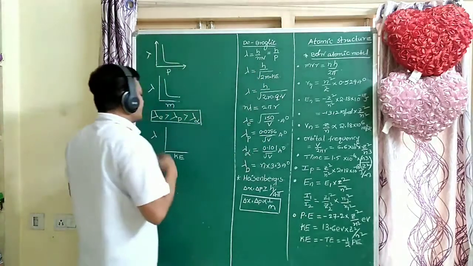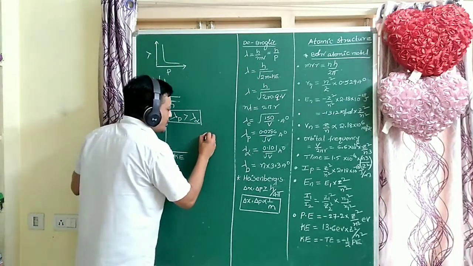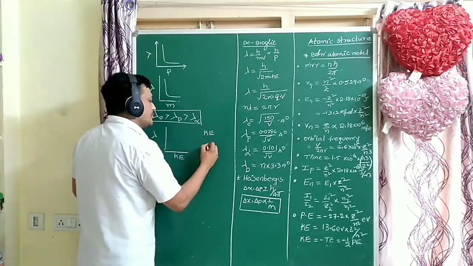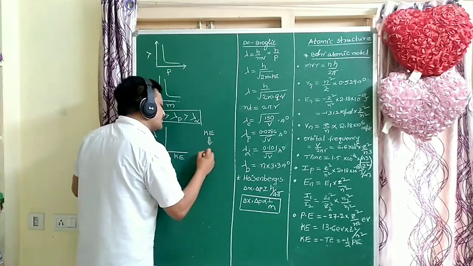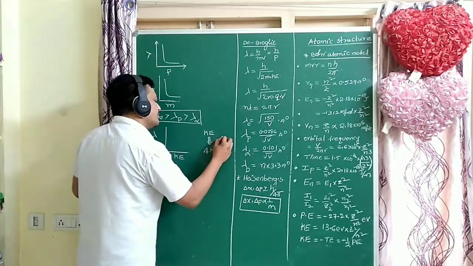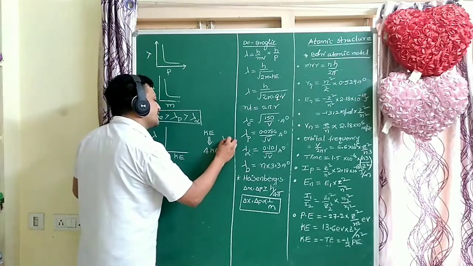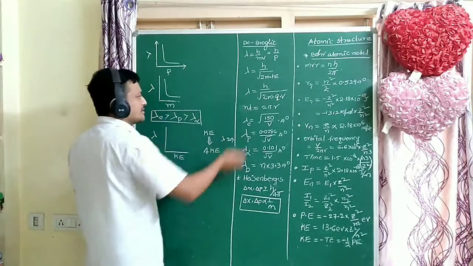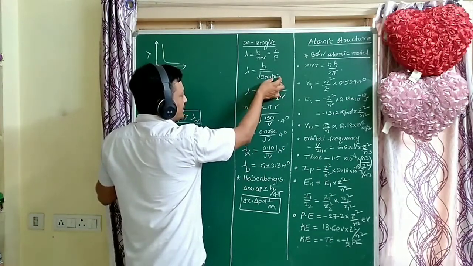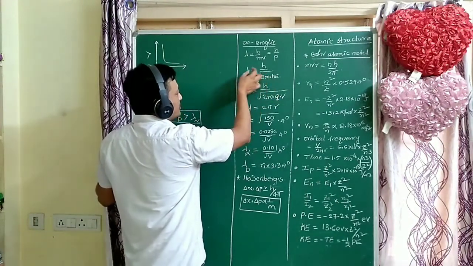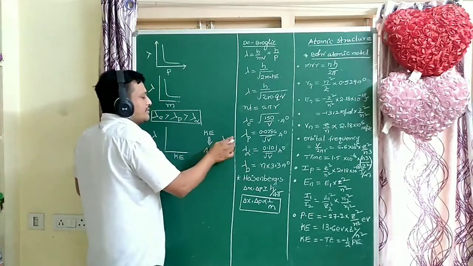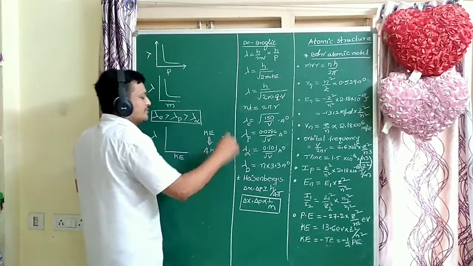For example, if kinetic energy increases by 4 times, the wavelength decreases by 2 times. Why? Because there is a square root, so the 4 comes out as 2.